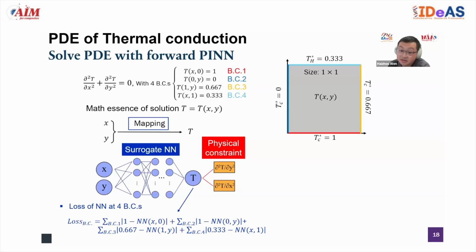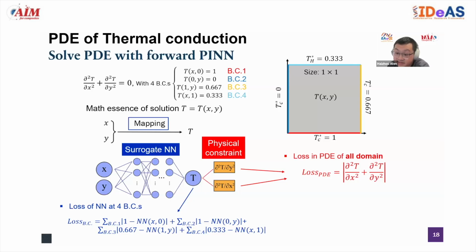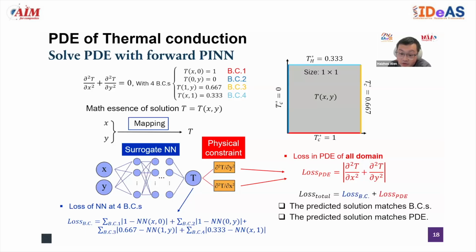This time, since we are studying a 2D problem, the samples from BCs are theoretically infinite. So it is not like the last ODE example where we only had two samples from two initial conditions. Then the red loss is calculated by the PDE, and the training samples are from anywhere within this small square domain. So everything is basically like what we did for solving that ODE, except that we have two inputs instead of one.